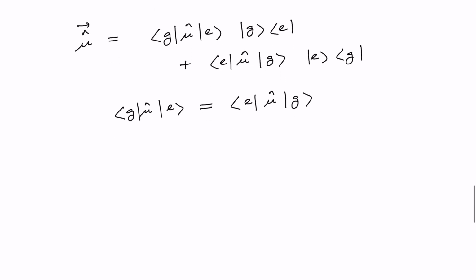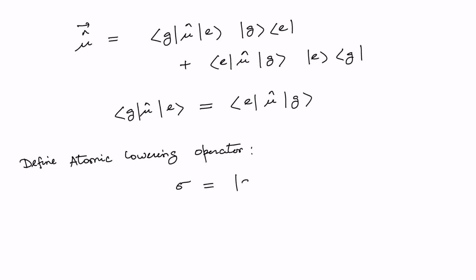And also we can introduce an operator called the atomic lowering operator, denoted by sigma. So let us define this quantity: σ = |g⟩⟨e|. This is an operator.